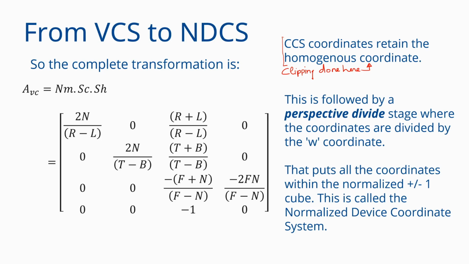So what is the advantage in doing the clipping in CCS? And this I want you to figure out. Why do you want to do the clipping in CCS before you have divided by the homogeneous coordinate?